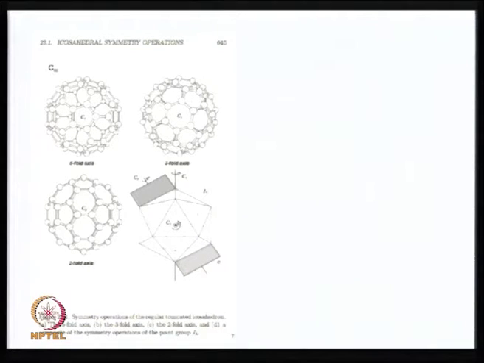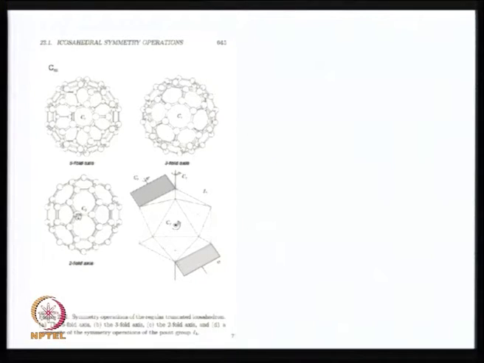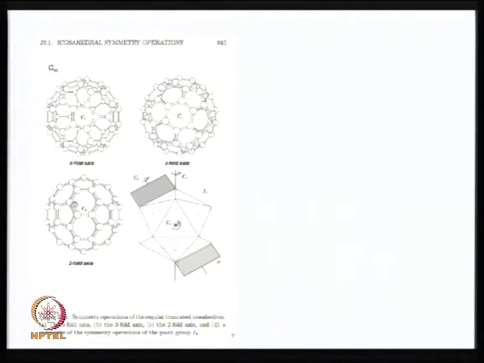The one comment made in this book is that ideally, geometrically, these sides are all the same. The hexagon sides have a particular length and the pentagon lengths are exactly the same. But it need not be, because from a regular polyhedron you have chopped off vertices. So if you didn't chop them off exactly at the correct point, you can get slightly different sizes. And the author says that the hexagon bond lengths are slightly smaller than the pentagon bond lengths.